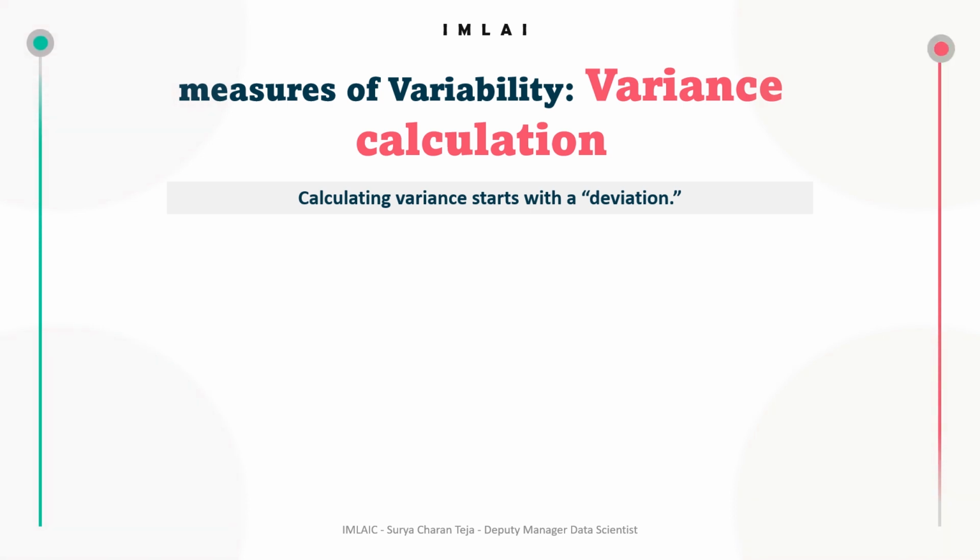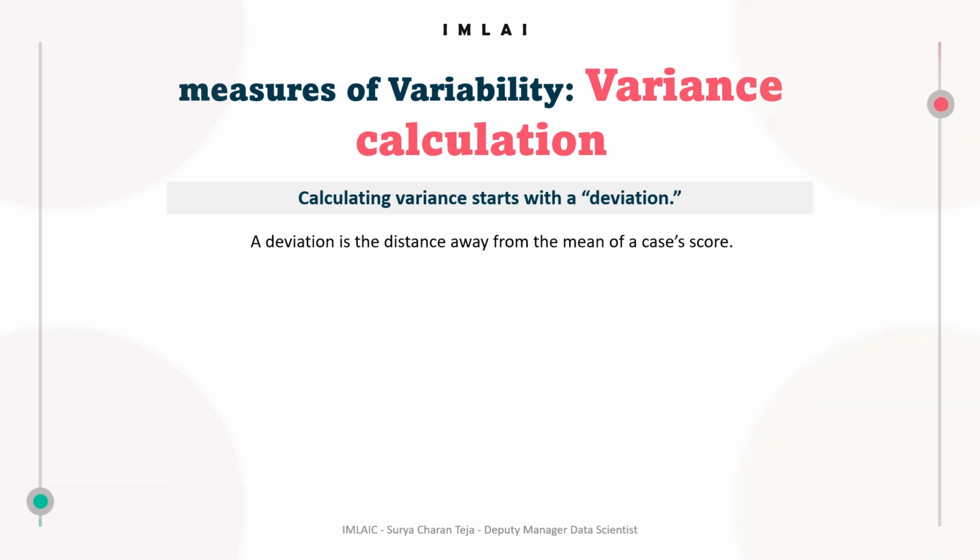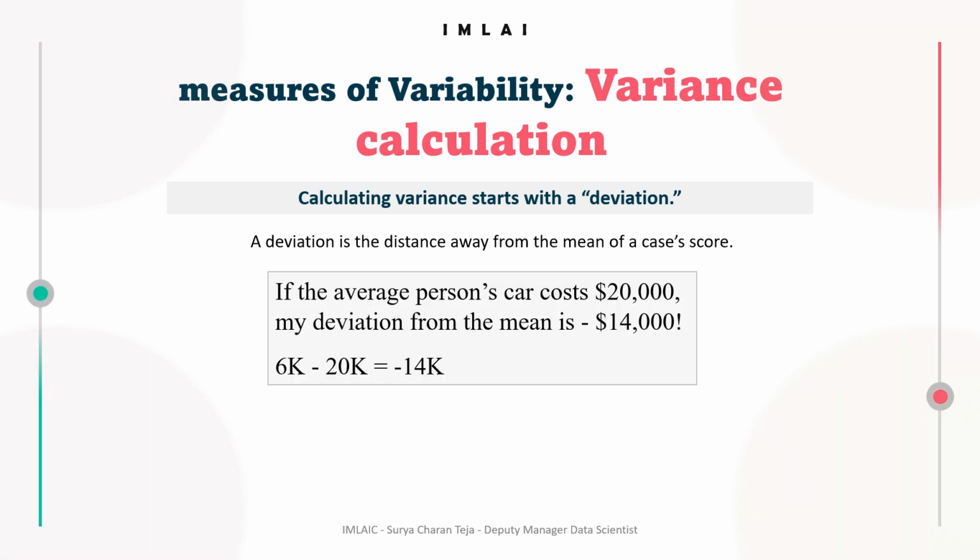Let's understand deviation first. Let's take an example. A deviation is the distance away from the mean of a case score. Let's take this example: if the average person's car costs $20,000, this is the average.